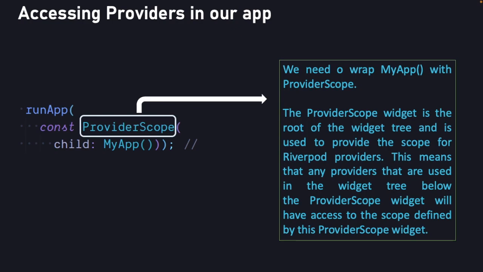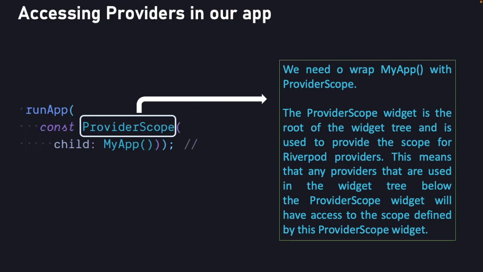Once our code has been successfully generated, we need to access our providers. To do that, we need to go to our main.dart. In our main.dart, we need to wrap MyApp with a ProviderScope. ProviderScope is a widget. The ProviderScope widget is the root of the widget tree and is used to provide the scope for Riverpod providers, meaning that any provider used in the widget tree of our application can be accessed.